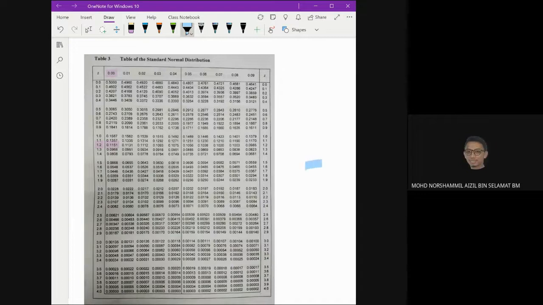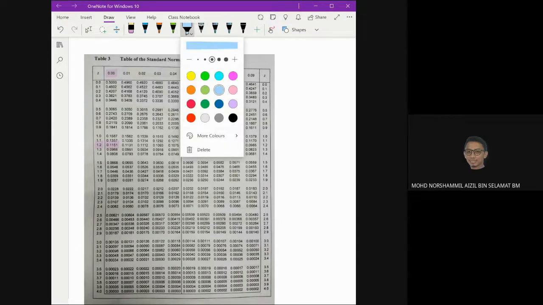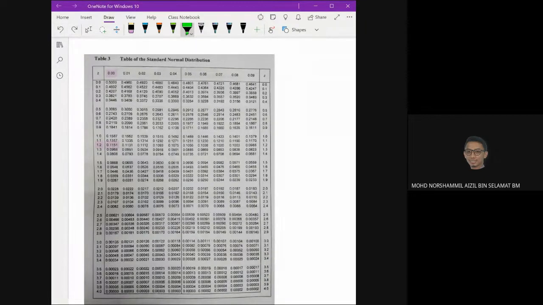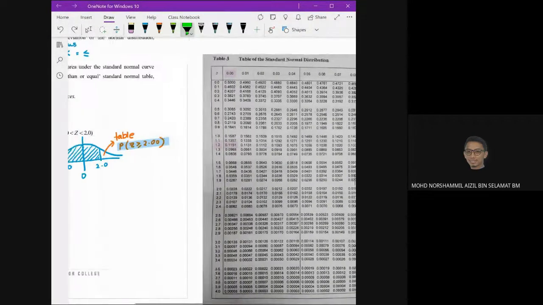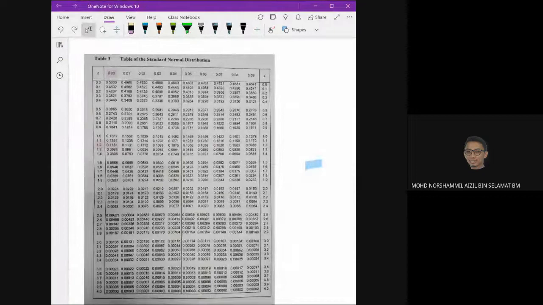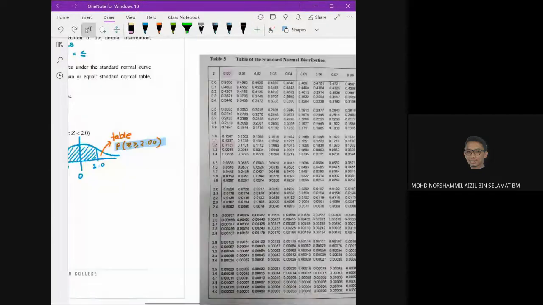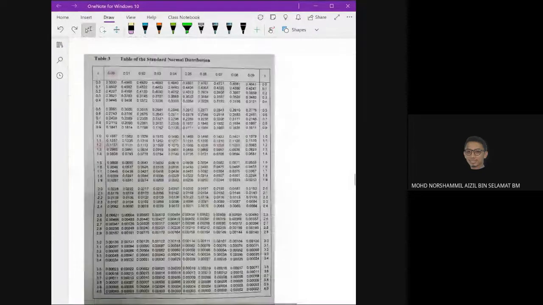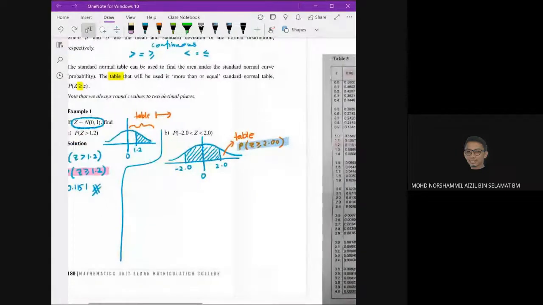Awak lag ni. Okay, dekat tu. Oh, dia tak nampak saya pakai color ni. Kejap. Kalau apa? Hijau. Ya. One second.